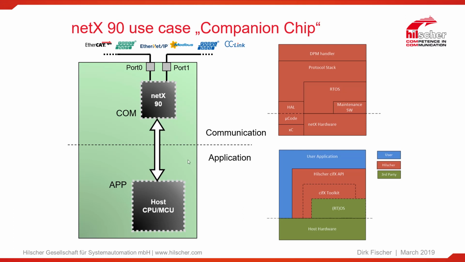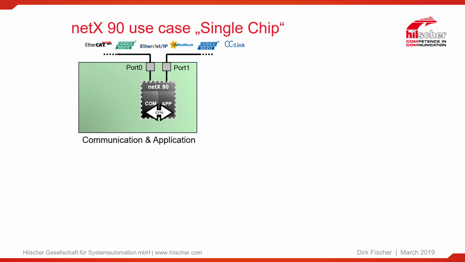A second important use case is the so-called single chip use case, where you don't need an external host controller. netX 90 features a second CPU, which can be used for the application. So it's really a very small, tiny, cheap solution to implement the application as well as the communication part.